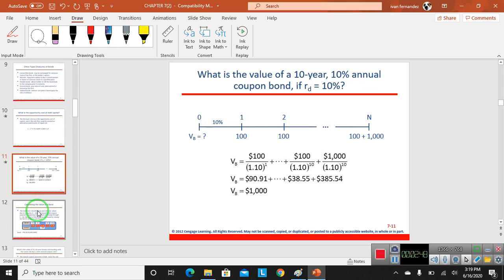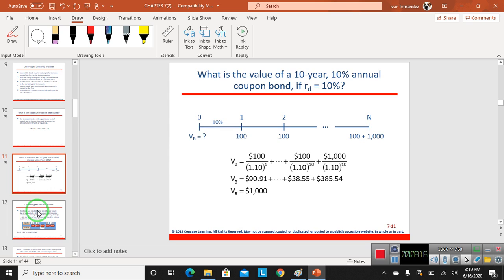So let's look at an example. This is the easiest of all the examples. Imagine we have a 10-year, so that's the maturity, how long it's going to last, 10% annual coupon bond, and a required return, the interest rate, of 10%. In bond problems, the coupon is always stated as a percentage.